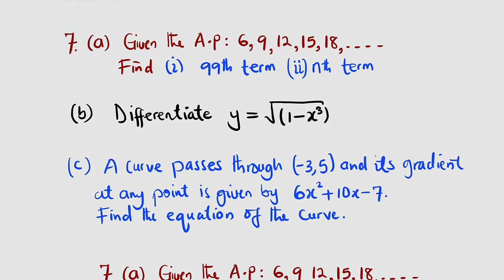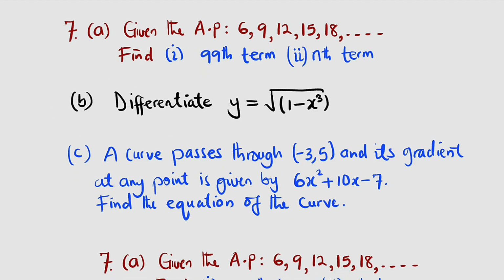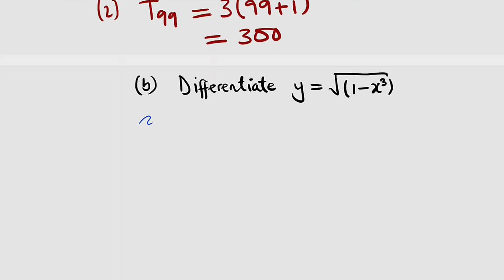Then the B part, we are asked to differentiate this function y equal to the square root of 1 minus x cubed. We are going to apply the chain rule here. So I would like to let u be equal to the argument here, which is 1 minus x to the power of 3, which implies that du over dx, we're going to differentiate u with respect to x.